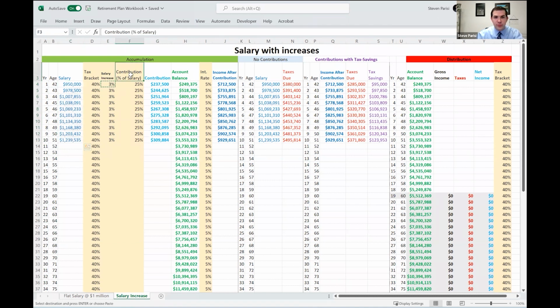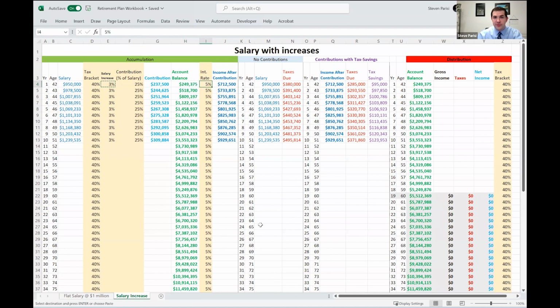Then we've got contribution of salary, or contribution being a percentage of salary. Whatever we plug in here, if I have 25%, my salary of $950, 25% of that is this figure, $237.5, which my account balance is then $249 and change.